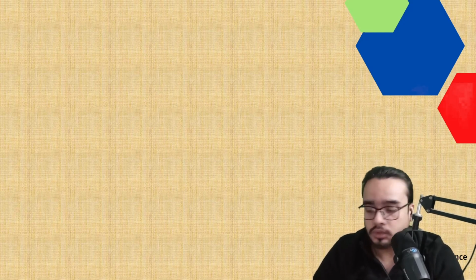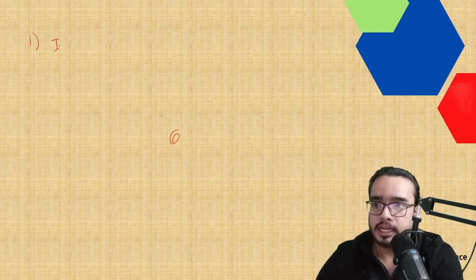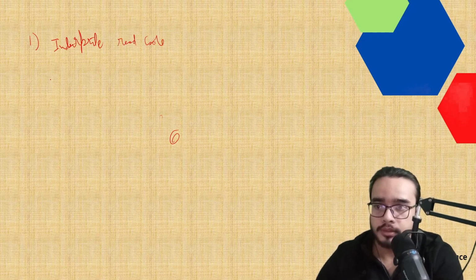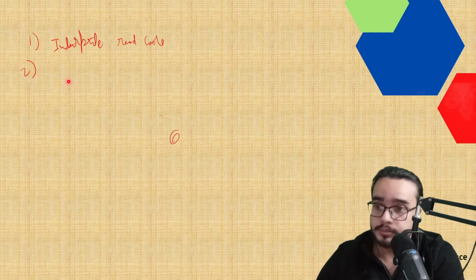Okay, when you run a Python program, there is a three-step process. Let me quickly write it down. First is the interpreter. The interpreter reads your code. Then the second process is that the code is converted into bytecode.